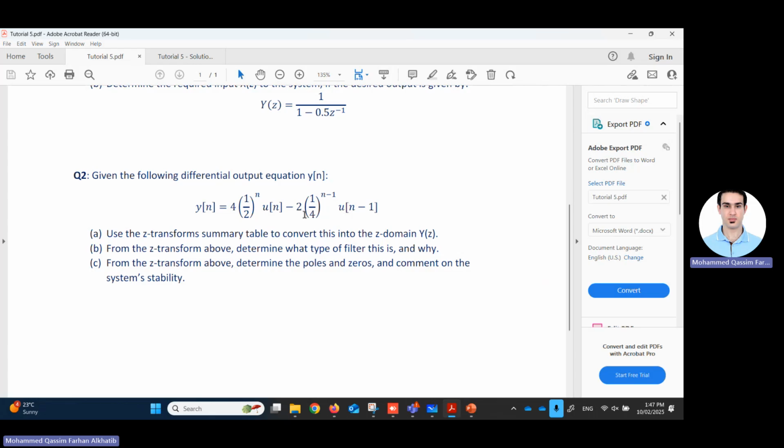FIR has coefficients given as constants. Here you have a function, an expression, an exponent or unit step. What do we know about the unit step? From 0 to infinity, and you have it like this. But with half to the power n, after a long time it will die out, but still there are values. No matter how small, it's not zero, but very close to zero.